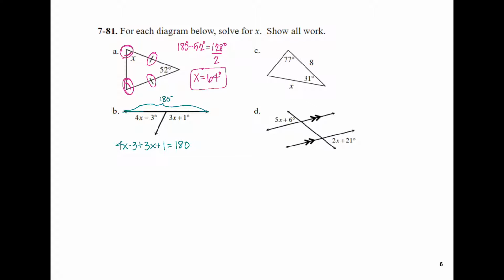I'm going to combine my like terms, so 4x plus 3x gives me 7x, negative 3 plus 1 gives me negative 2. I'm going to use my inverse operation, so the inverse of subtracting 2 is adding, so I have 7x is equal to 182. The inverse of multiplication is division, so I get x is equal to 26 degrees.